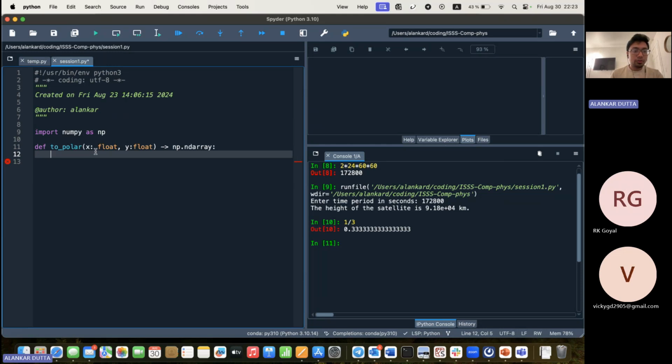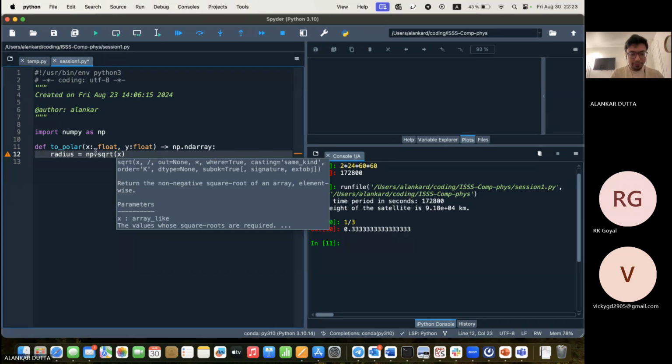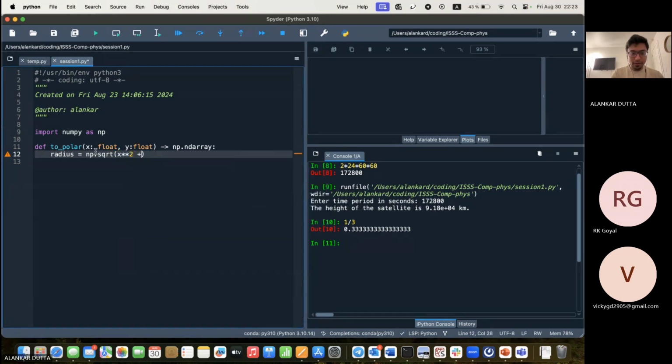Okay. So let me then take the radius, which is np.sqrt of x squared plus y squared.